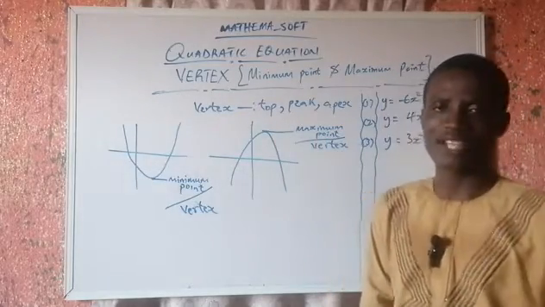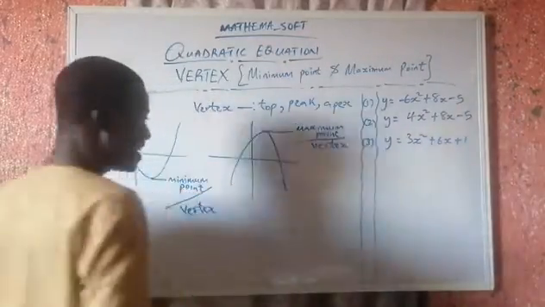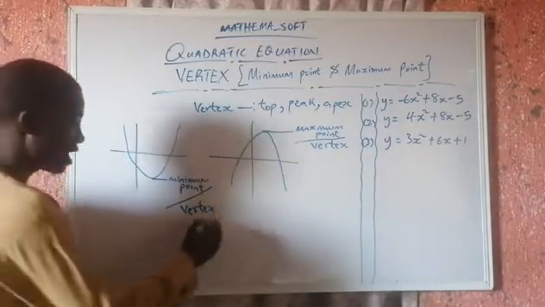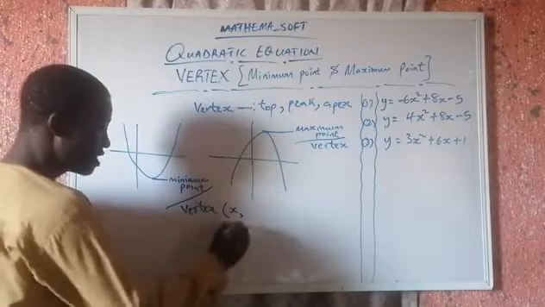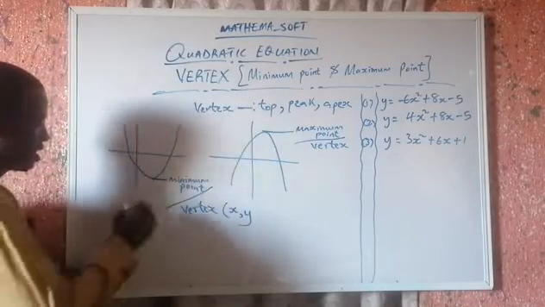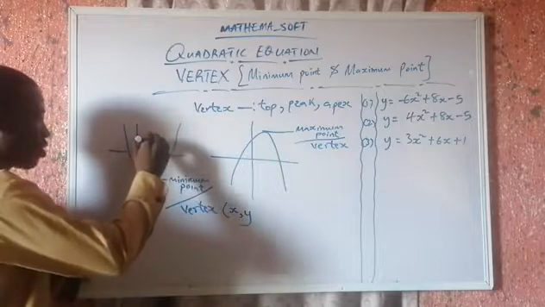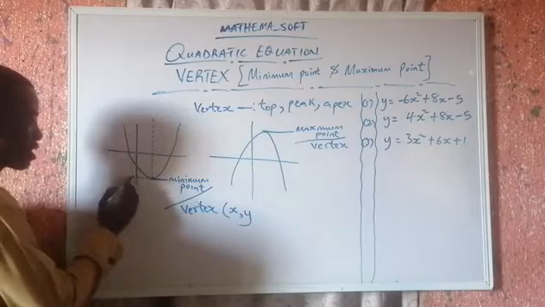Let us take note that a point in this case means that there is going to be a y coordinate and an x coordinate. In other words, the vertex is going to have an x coordinate and y coordinate, in such a way that if we are to trace this, the x coordinate will be like this and the y coordinate will be like this.